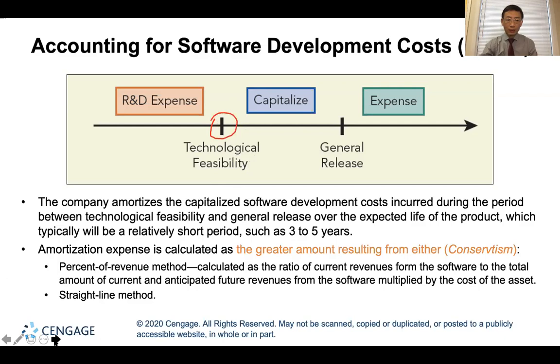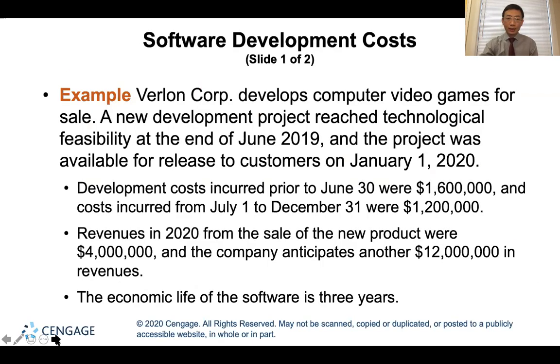After that, the amortization expense is calculated as the greater amount resulting from either the percentage of revenue method or the straight line method. We can have an example in the following slides to show that.